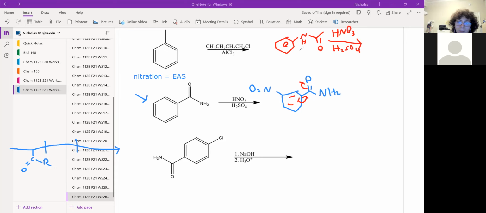But on the top in red is the same functional group. It's an amide. But this is donating because now it's not the carbonyl carbon, it's this nitrogen. And nitrogen has lone pairs, so it can donate by resonance like this. Because it's donating, it's an EDG and it's ortho-para directing. So it would direct here and here.